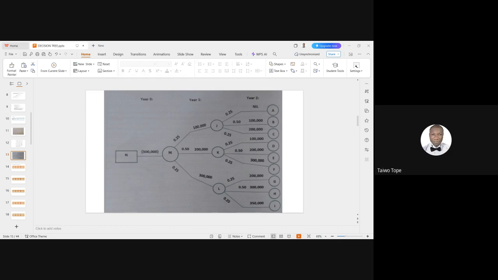I can hear everybody. The whole thing is like magic. Hello, sir. The decision tree is very clear according to me, but how to place it and work on NPV is the area that I'm not getting clear.